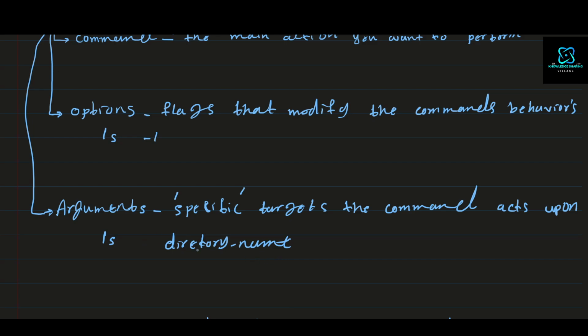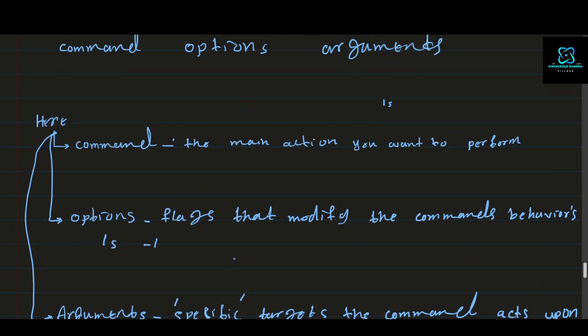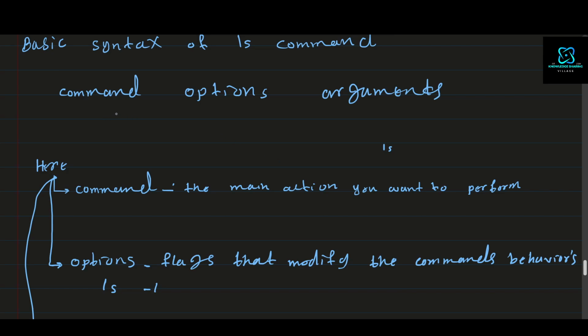You provide the path to the ls command. This is our argument. Then the ls command will act on this specific directory and show you the content of that directory. So this is the ls command syntax. We have command, options, and argument.